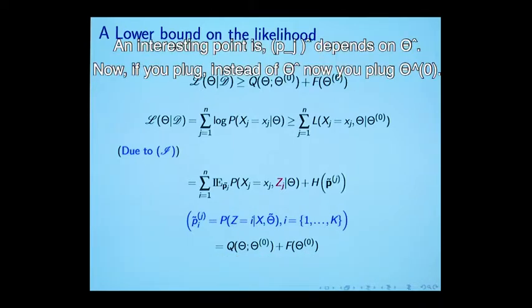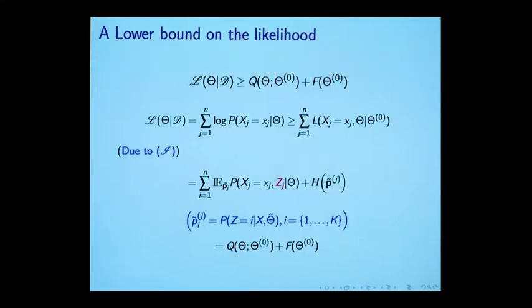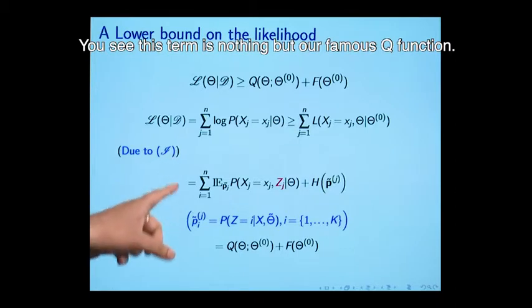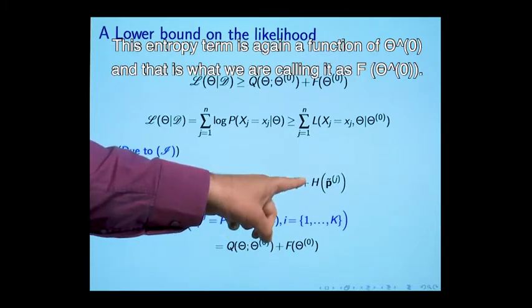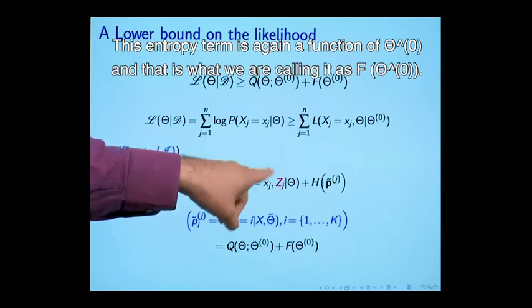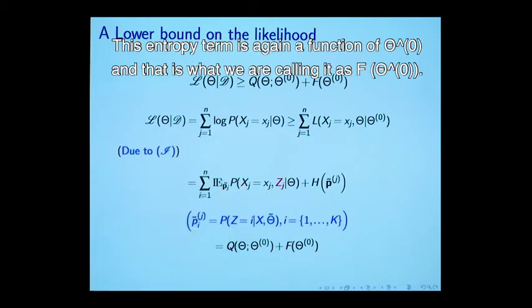And the interesting point is p_j hat depends on theta hat. Now, if you plug theta 0 instead of theta hat, you see this term is nothing but our famous Q function, and the entropy term is again a function of theta 0, and that is what we are calling f of theta 0.